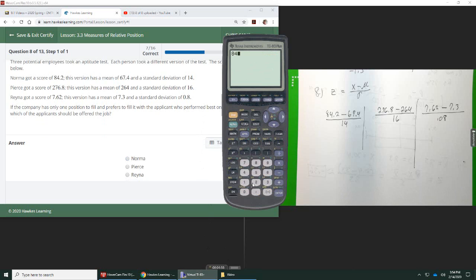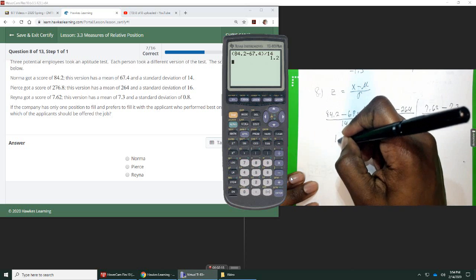So 84.2 minus 67.4, in parentheses, divided by 14. You get 1.2 standard deviations above.